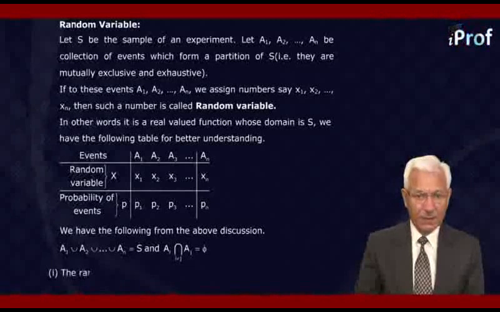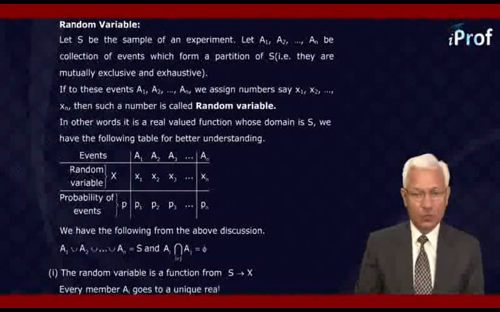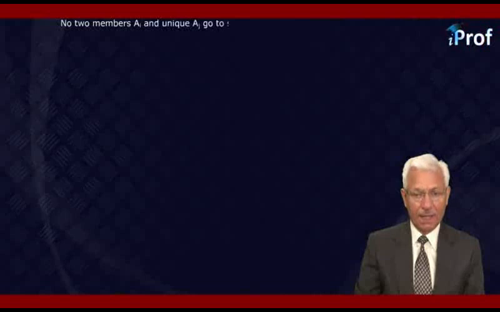The random variable is a function from S to X, the set of random variables. S is the sample space. That is, every member Ai goes to a real number xi. No two members Ai and Aj go to the same real number.